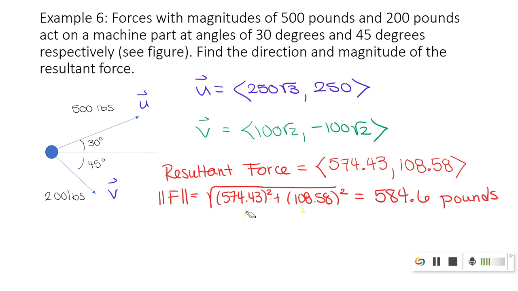So I took 574.43 squared plus 108.58 squared, and then I took the square root of that, and I got 584.6 pounds. So the resultant force has a magnitude of 584.6 pounds.